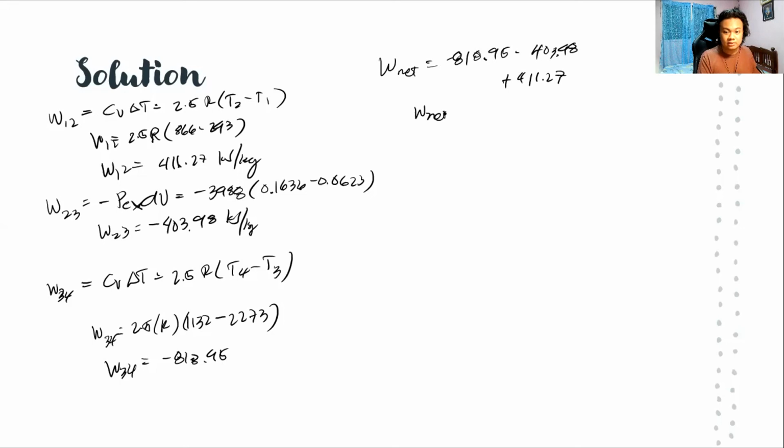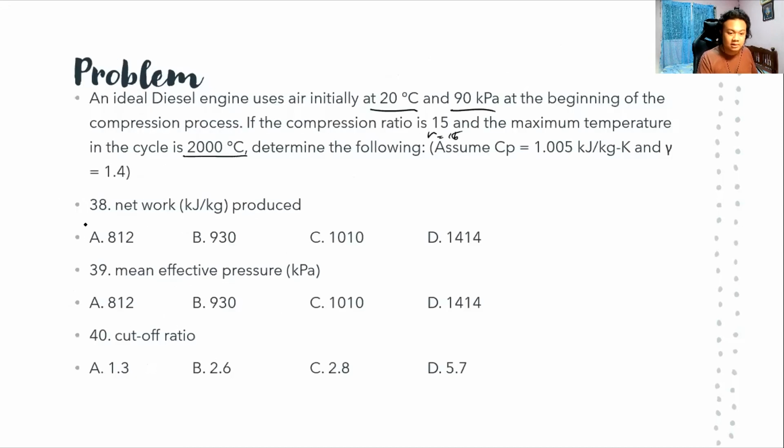So the net work is equal to 866 kilojoules per kilogram, or negative 812 kilojoules per kilogram. Okay, so that's letter A in our number 38.